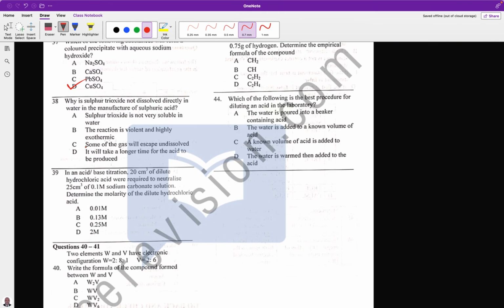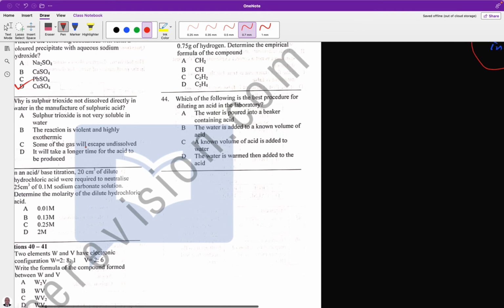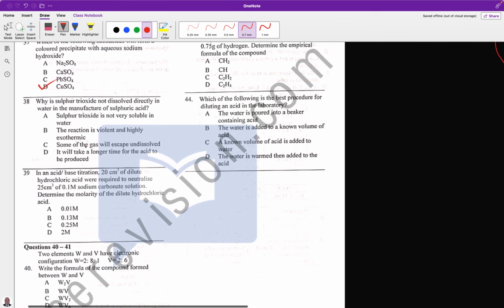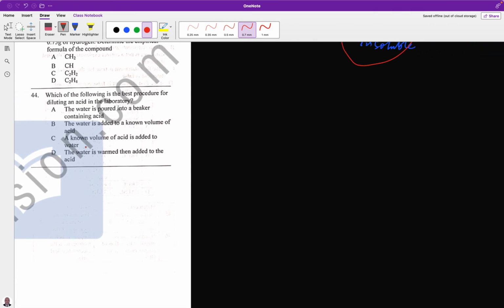Question number 38. Why is sulfur trioxide not dissolved directly in water in the manufacture of sulfuric acid? Well, sulfur trioxide is a gas.